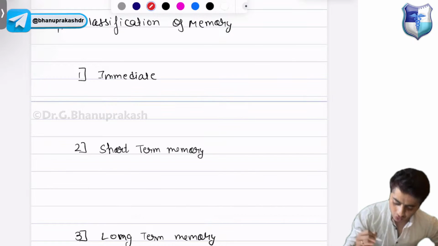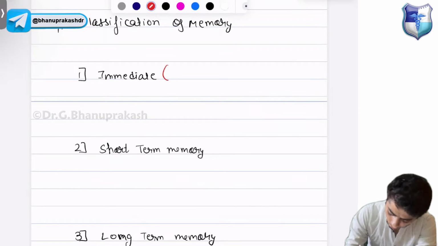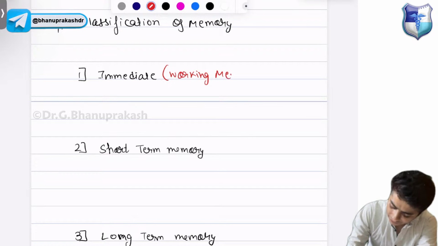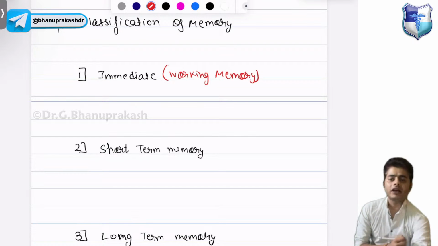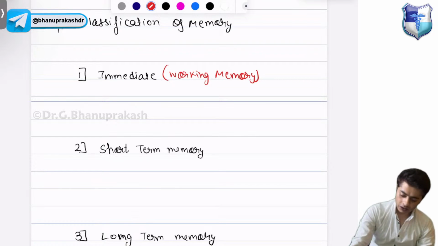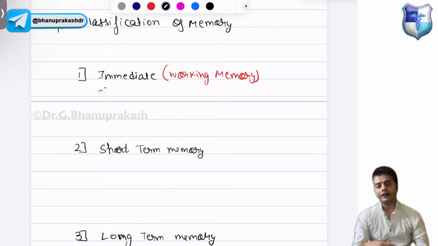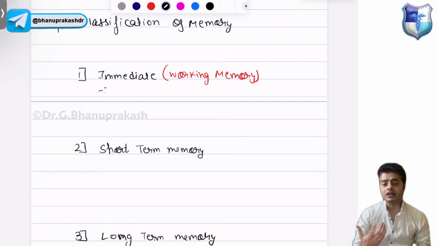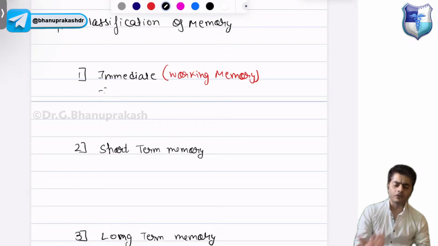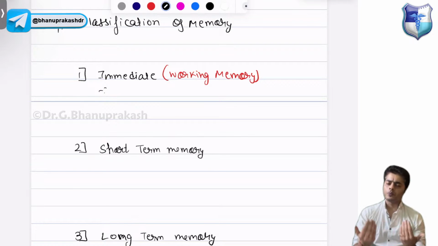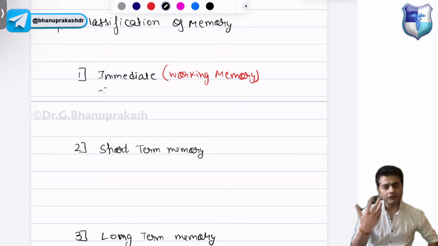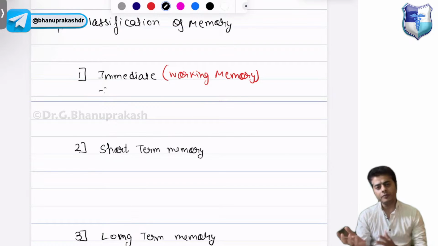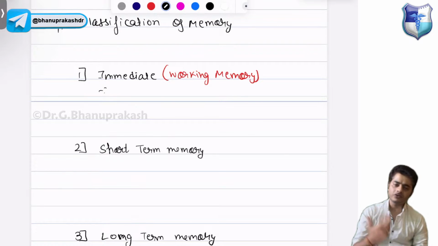So it is also known as working memory. So suppose right now I'm going to some place and suddenly someone comes to me and I ask where do you live, where are you from. He says, we will meet tomorrow. When he says we will meet tomorrow, I just ask for his phone number.